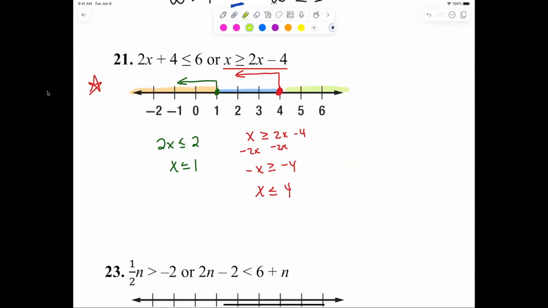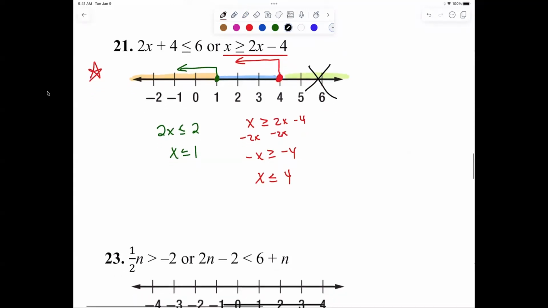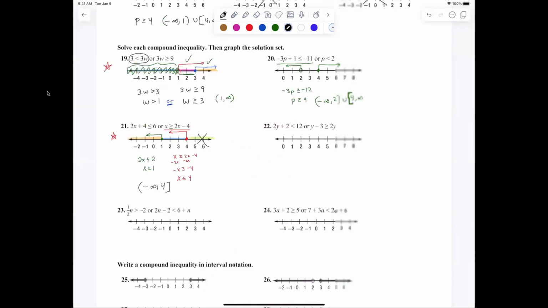No, because they're not less than 4 or less than 1. Does everybody agree? So what's true now? What would be the answer? Negative infinity to 4. Nice work. And at 4, it would be a what? Brackets. Okay, I'm pretty happy with that.